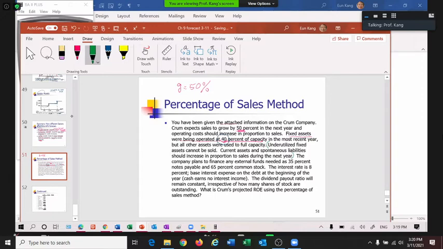This is important information, right? As 35% notes payable and 65% common stock. I can change this to 35% notes payable and 65% long-term debt or whatever, so those can also be changed.